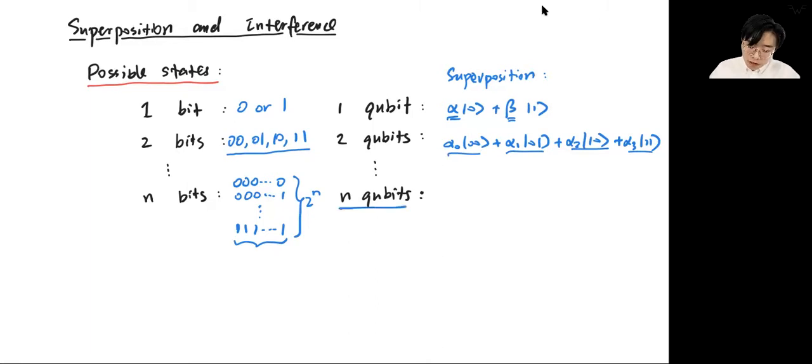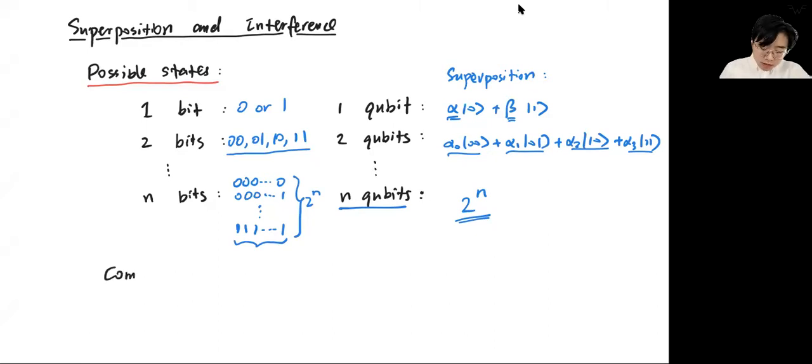For a total of n qubits, we will need 2 to the n terms. So this superposition over an exponential number of possible states is essential in understanding the power of quantum computation.